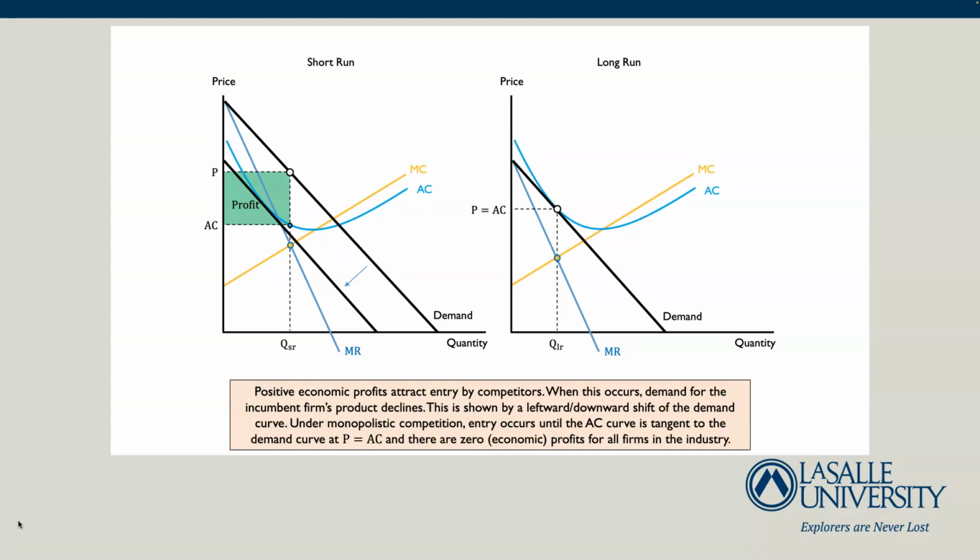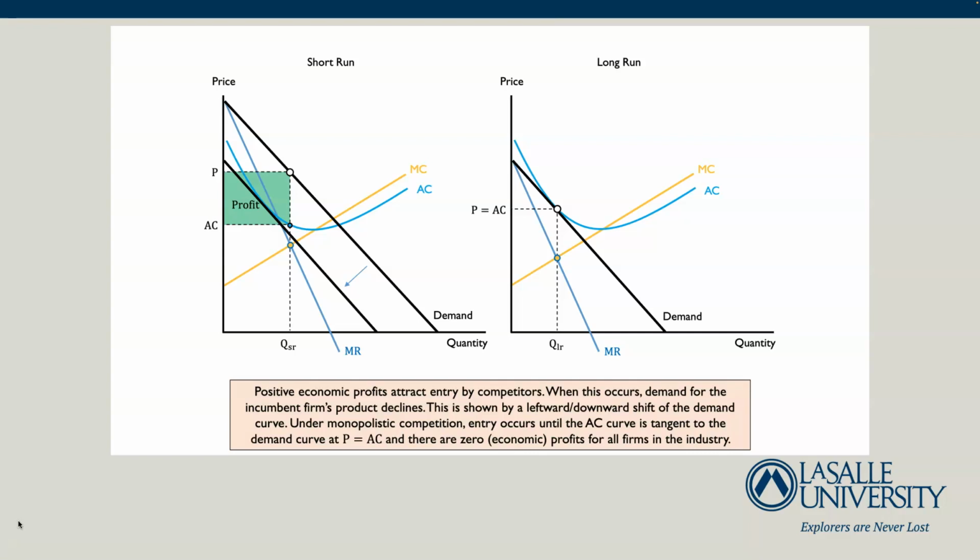At that level of service provision, we could go up to the average cost curve to figure out what the cost per patient is and the difference between the two. The price that they're charging and the average cost that they're incurring for all the patients that are being treated, that gives them that profit shown here in green.